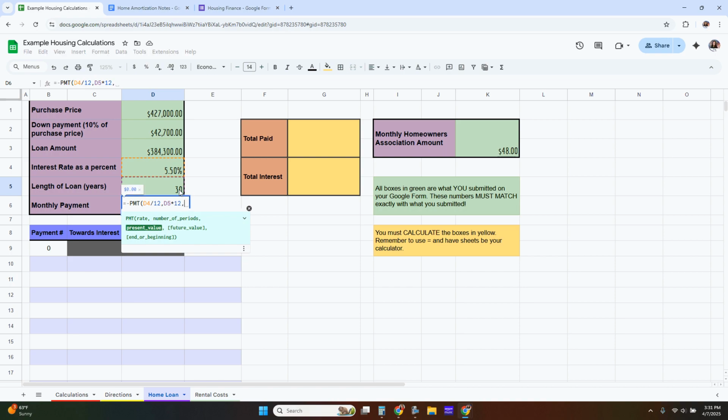But again, I'm having Sheets calculate my monthly payment. And then this last section is, what is the amount of my loan, the present value? The amount of my loan is this cell right here, D3, $384,300. So when I do that, my monthly payment comes out to $2,182.01.